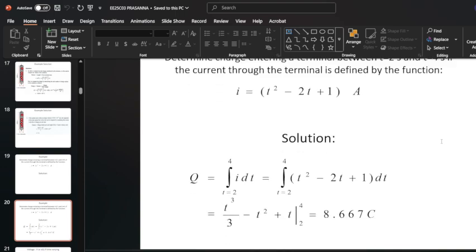So we know that q is equal to the integral of I dt, lower limit 2 and upper limit 4. We can substitute all the values. I, we know the function they gave.